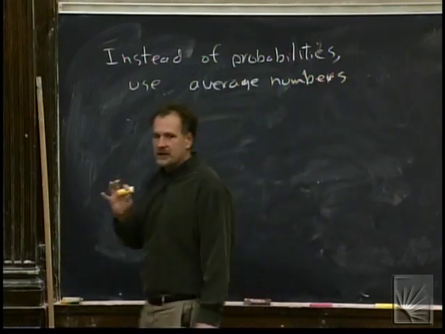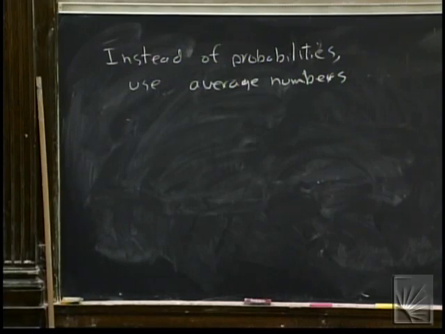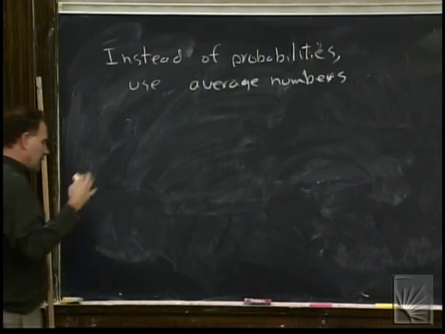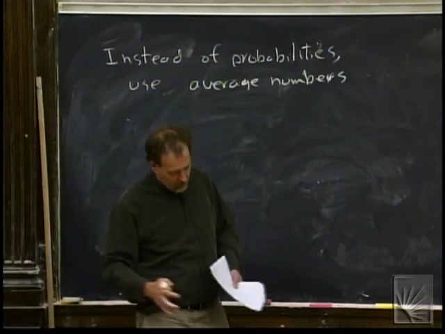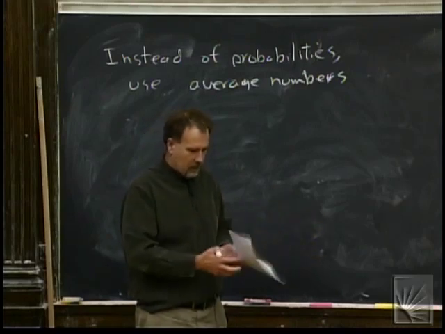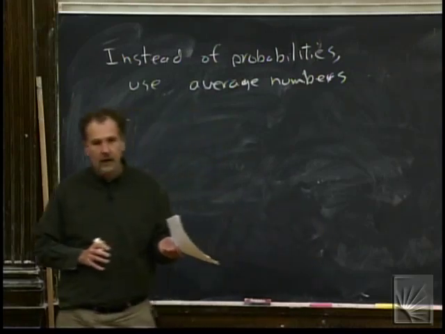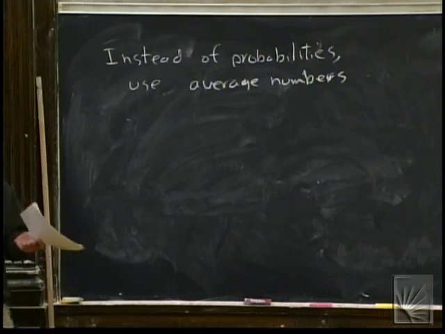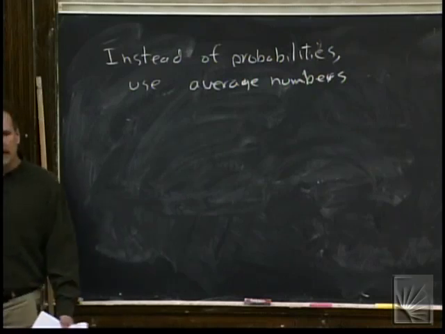By average numbers, I simply mean, instead of saying, what's the probability that some particle in my system is at some energy? I instead want to ask a question which is going to rely on this Boltzmann probability, but it's just a little bit different.